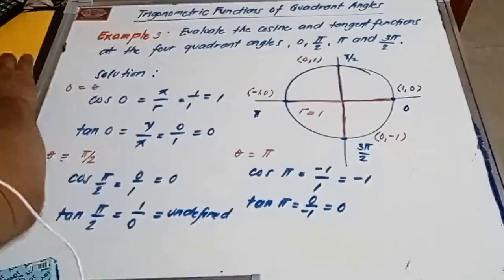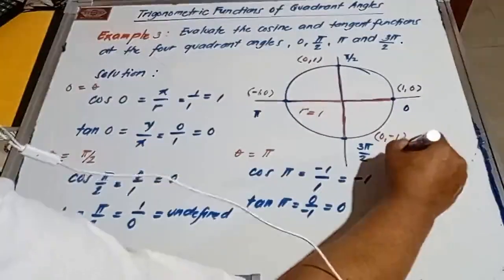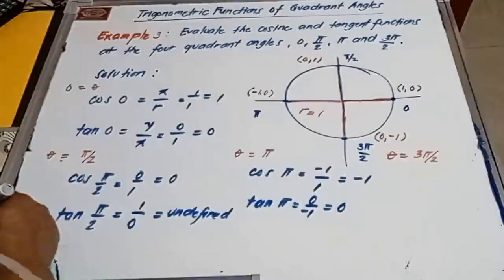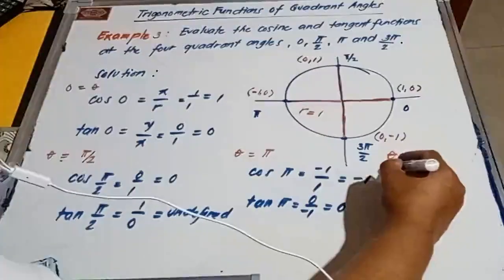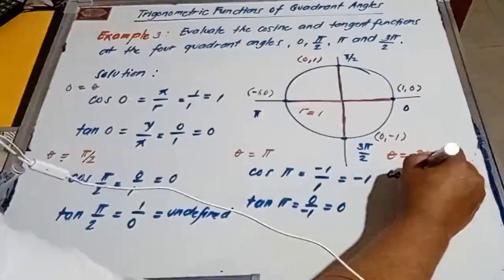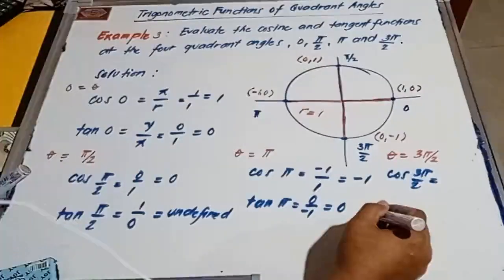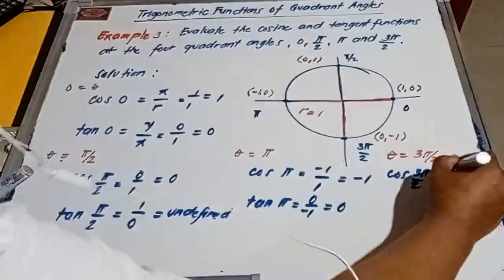Okay, last. When theta is equal to 3 pi over 2. Cosine 3 pi over 2. Ang ratio ay x over r. X natin ay 0.